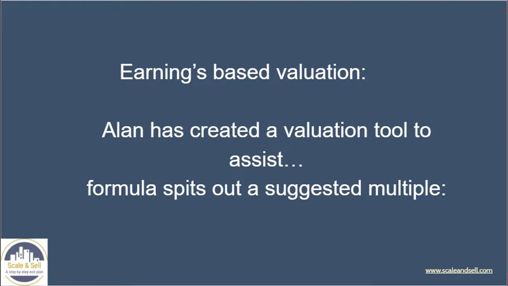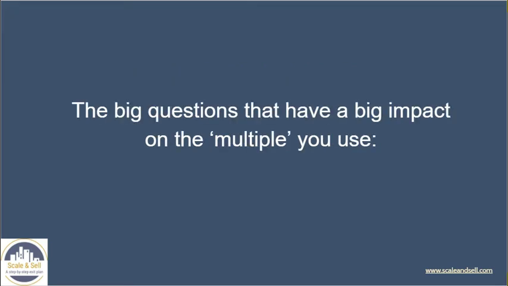And then once those questions were inputted and given a certain weighting, it spat out an estimated multiple which he could then apply to the EBITDA of a particular business. So here are some of those questions that Alan uses in his attempt to find the right multiple to apply to the EBITDA that he's calculated.